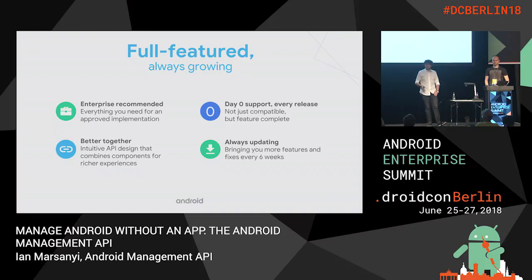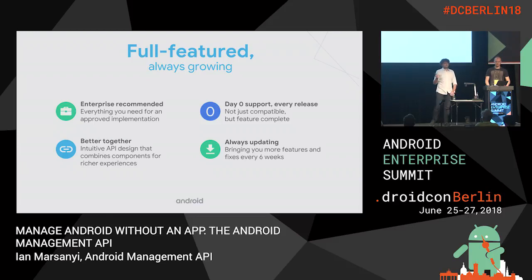For the upcoming P release, we're not quite there yet, so we'll have core features that we think are really important to the management story on P, and we'll actually demo some of those for you in a minute. But in future releases, you should expect that you'll have the complete gamut of management capabilities on day 0 of an Android launch. And then implementing those features, we'll show you how easy that is as well. It's just a couple lines of code change.